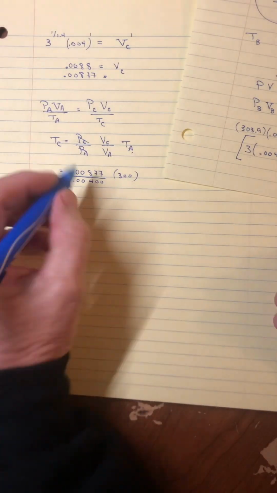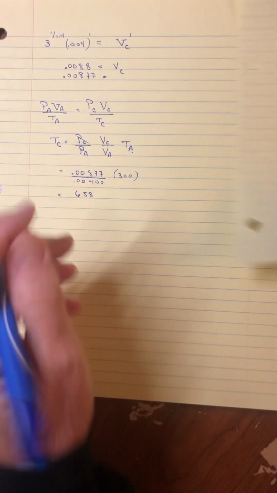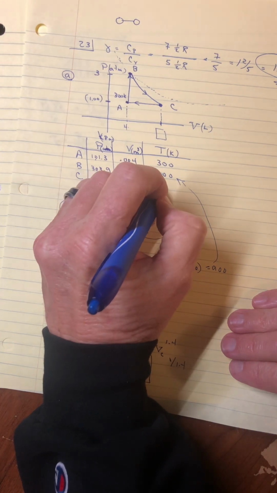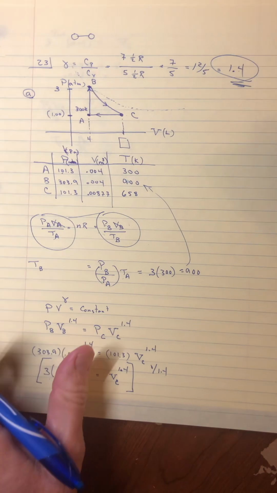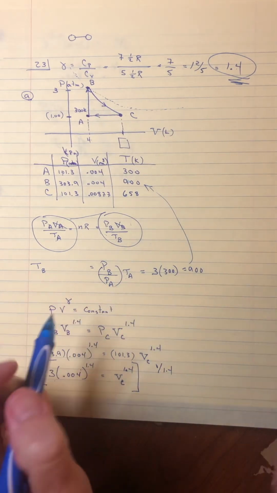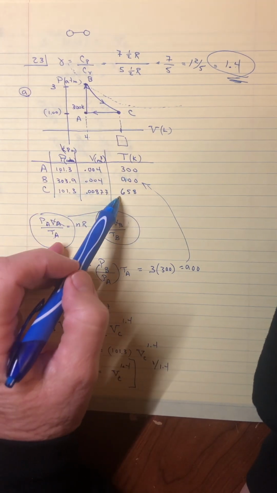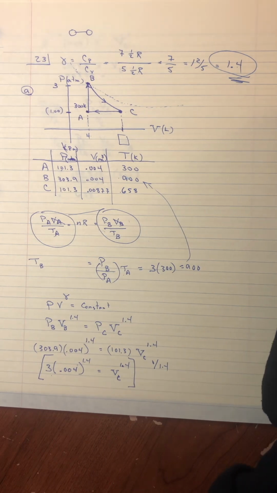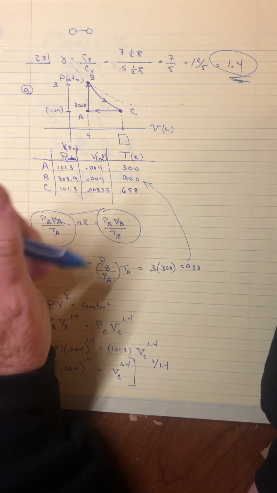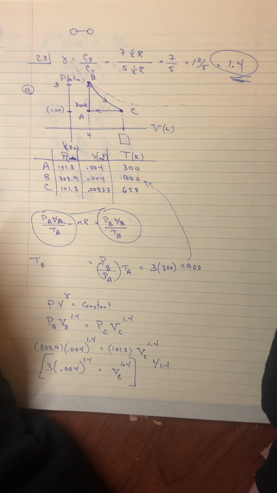And that would be then a 600, and I'll call it 658 Kelvin. And that fits with the idea we've been trying to say in class about being adiabatic. That is, as it expands, it's going to drop in temperature. And so at B, it's 900, and then it expands and cools down to 658, which I say cool down. Those are still both very hot, but obviously this is lower than the 900.